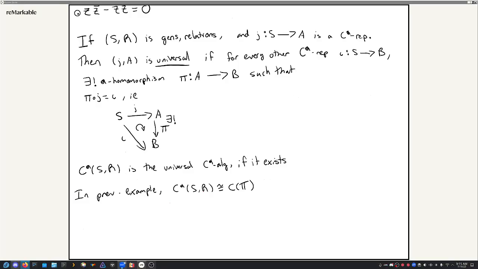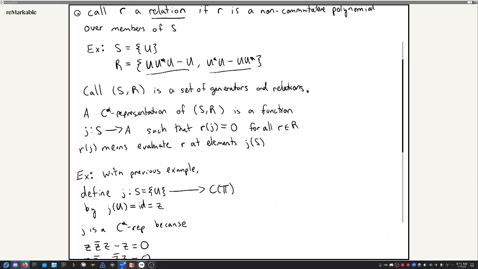So you can see that, because the first relation here tells you that in any C-star representation, U has to be a partial isometry. And the second relation tells you that the source and range projections have to be the same.